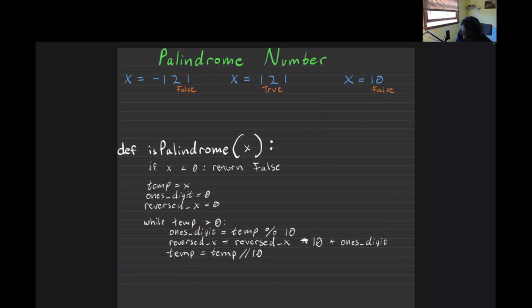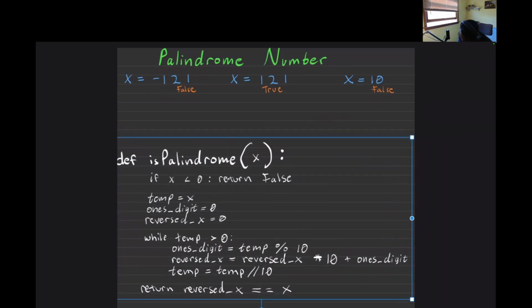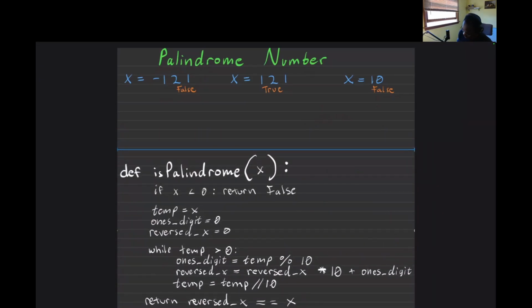And at the very end, all we have to do is return whether our reversed x integer is equal to x. If it is, then that's a palindrome, all right? I can make this a tad bit larger. Okay, there's that.